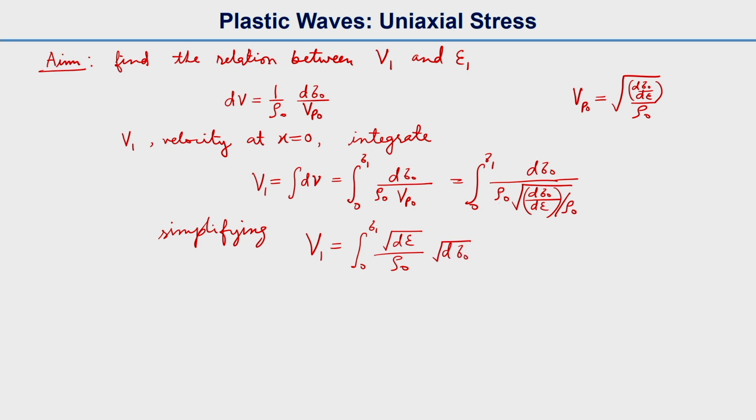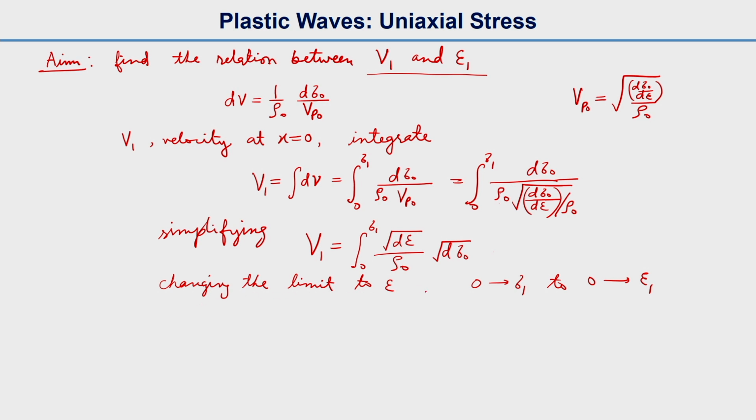Further, we can change the limit to strain, that is from 0 to sigma 1 to 0 to epsilon 1, because we want to find the relationship of V1 with respect to epsilon 1.